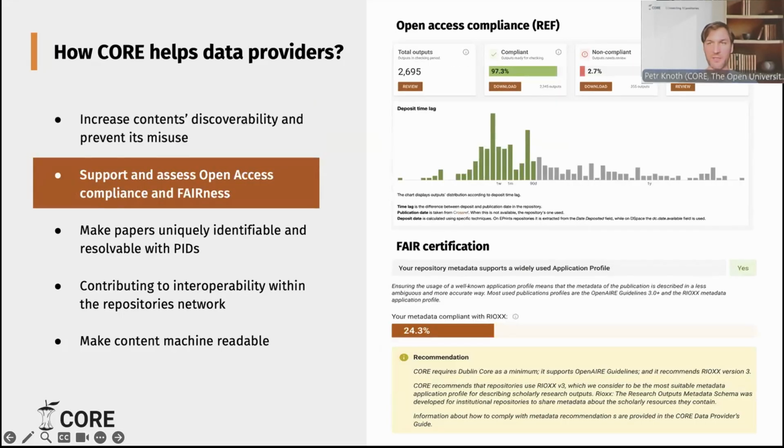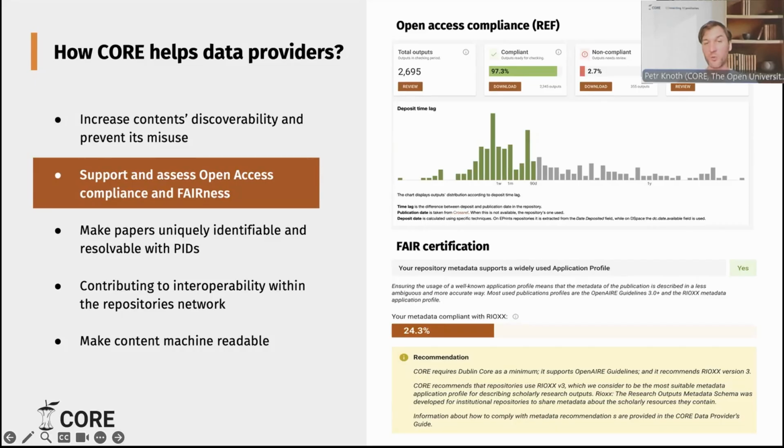We also provide tools that support nations and certain institutions in understanding their compliance with open access policies. For instance, in the UK, we have a tool that supports open access compliance with regards to the REF 2021 and now REF 2029 policy. In the US, there's something called the Nelson Memo, which is a policy that requires access to federally funded research.